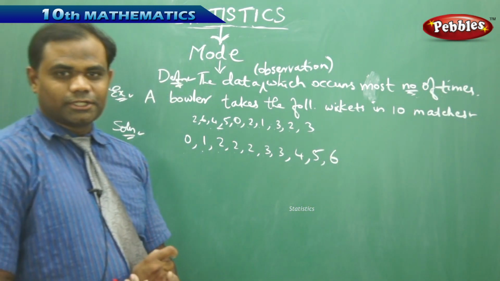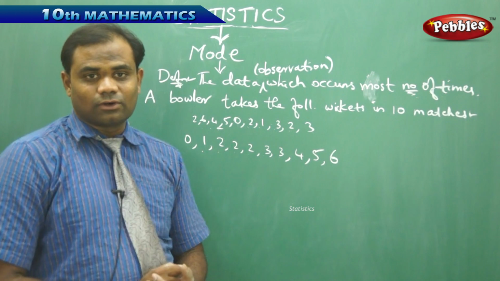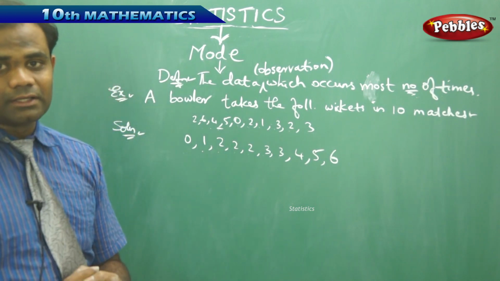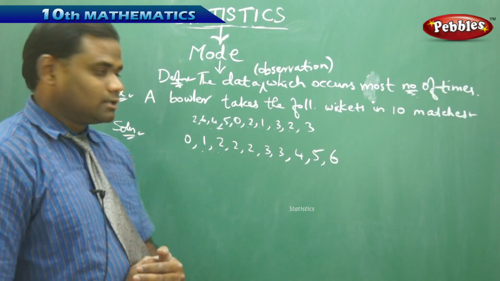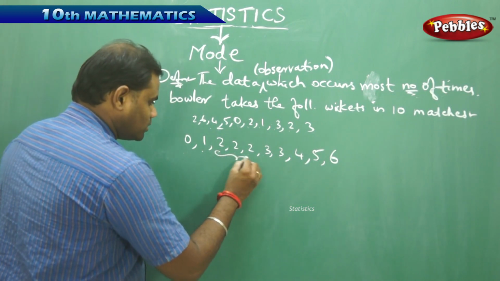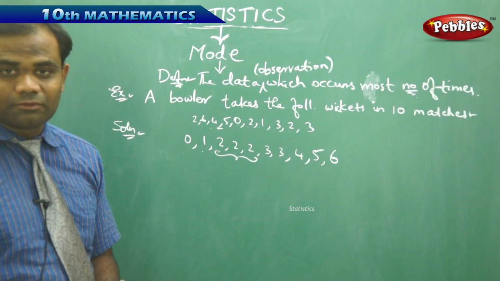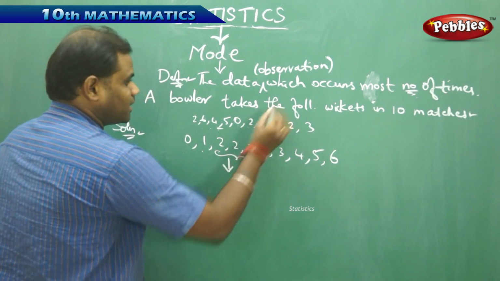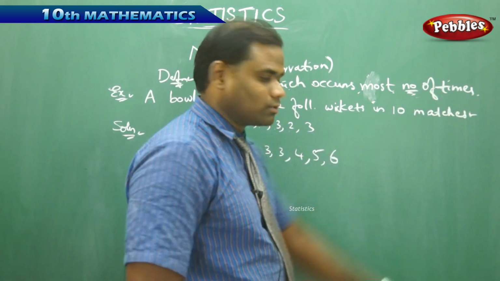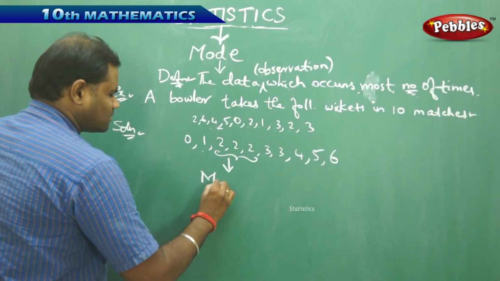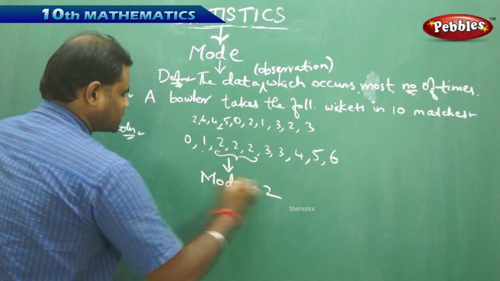Now we identify the performance which has the most number of wickets taken. As I clearly see, 2 is repeating more number of times, therefore by the definition of the observation which occurs most number of times as mode, we identify that the mode is 2.